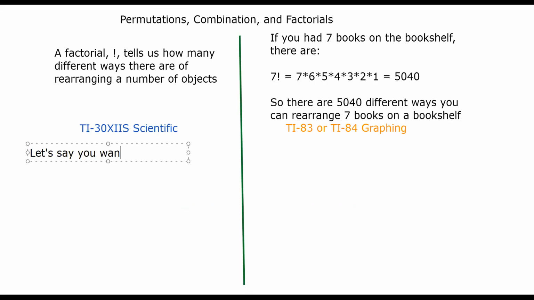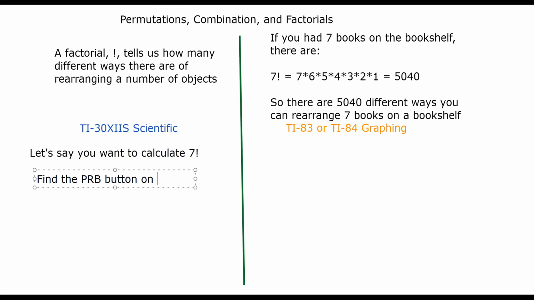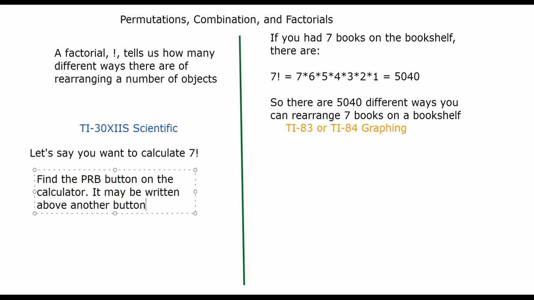Let's say you want to calculate 7 factorial like we did above. Find the PRB button on the calculator. It may be written above another button. So let me show you what I mean.